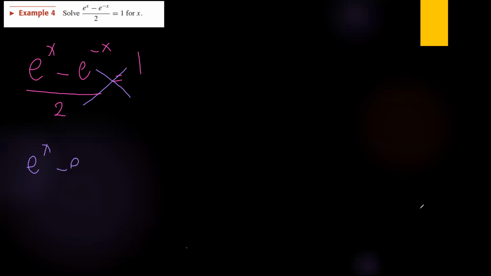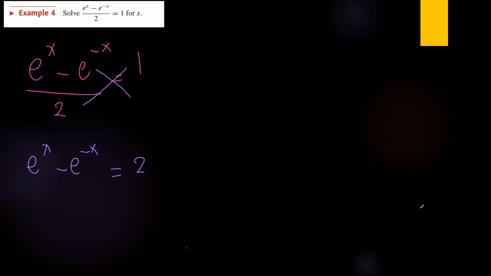As you see here, there is nothing that can be taken as a common factor. So the first step, cross product. So e to the power x minus e to the power negative x is 2.